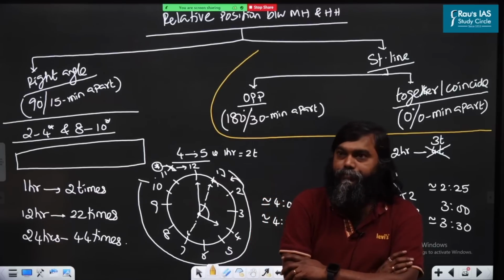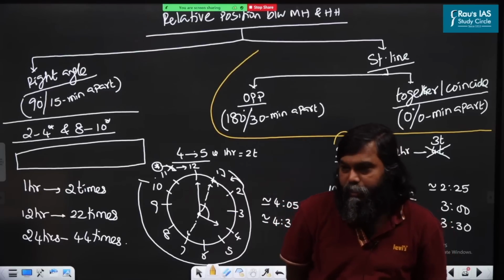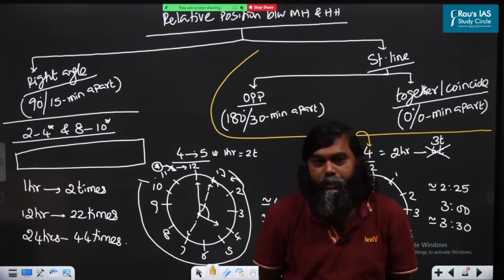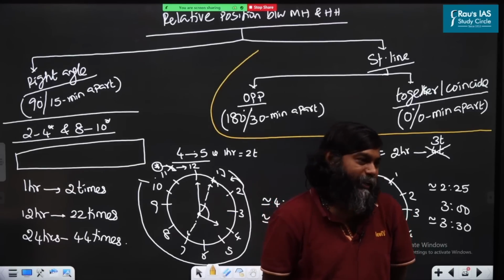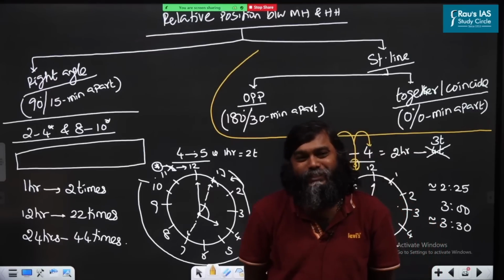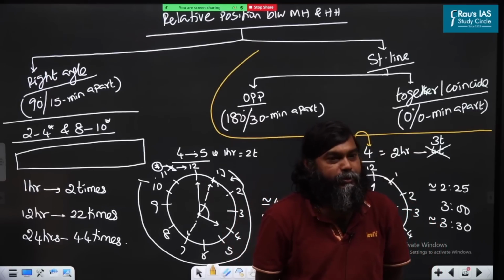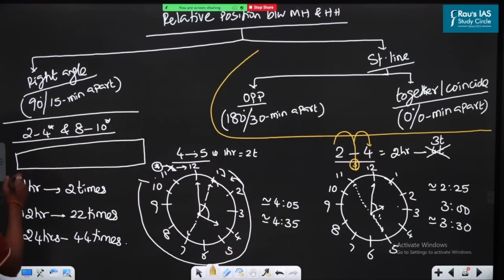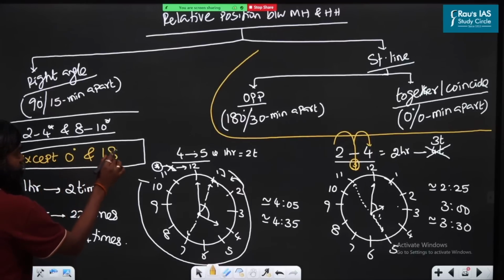100 degree, 99 degree, 101 degree, 123 degree, 199 degree, 200 degree, 300 degree, 301 degree, then 320 degree, like that. Understood? Listen carefully. If the question asks except 0 degree and 180 degree, 0 degree is synonymous with what?